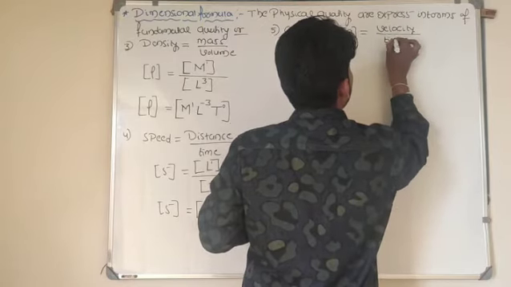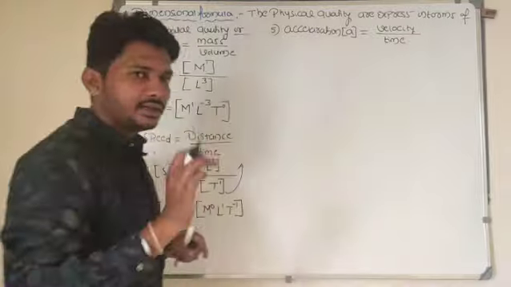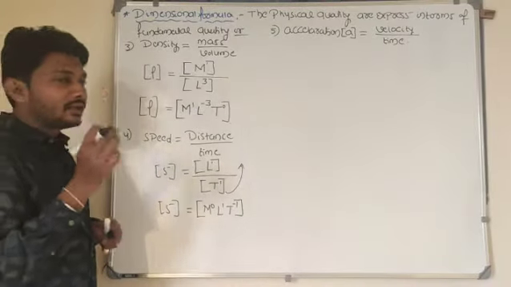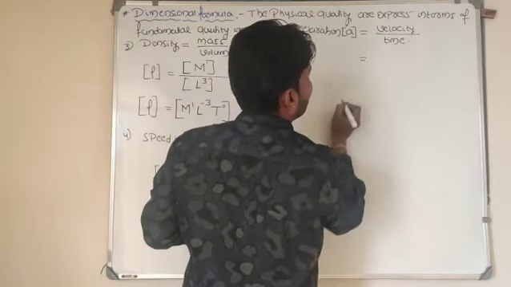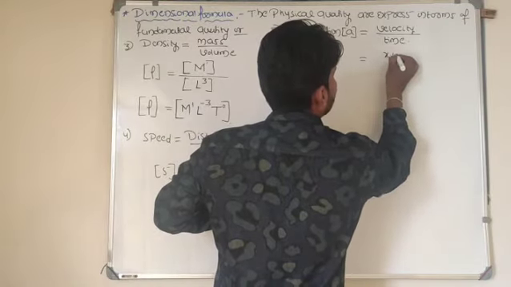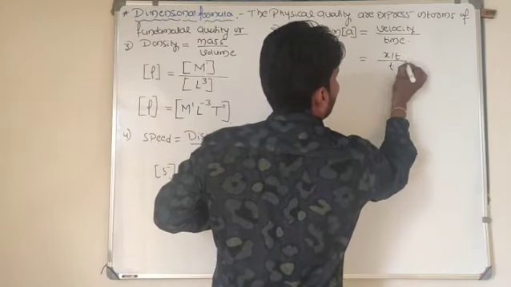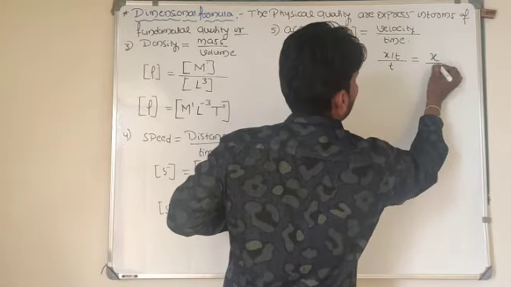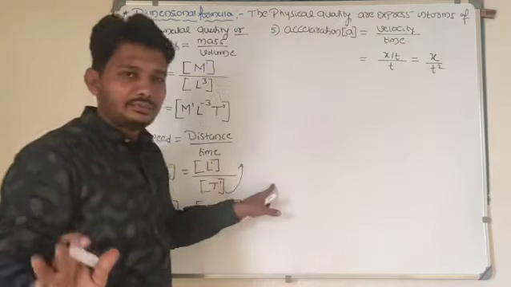Velocity by time taken here. So velocity is nothing but what? Velocity is equal to what? Displacement by time here. In a denominator already time term is there. So shall I write that displacement by time square here?